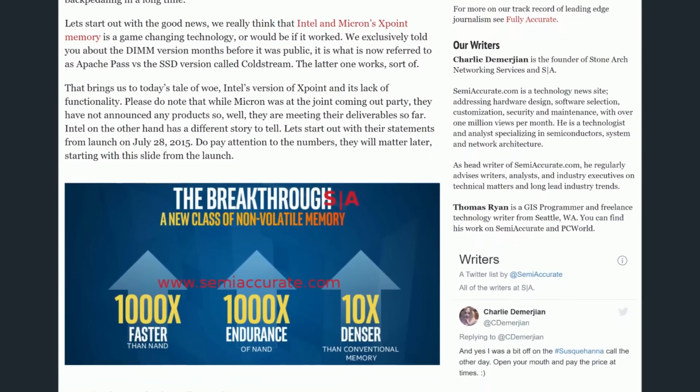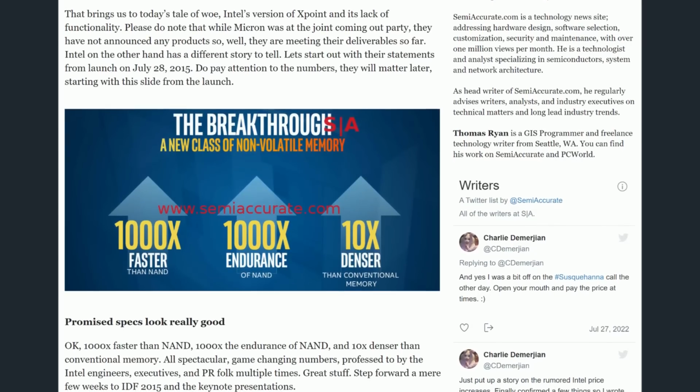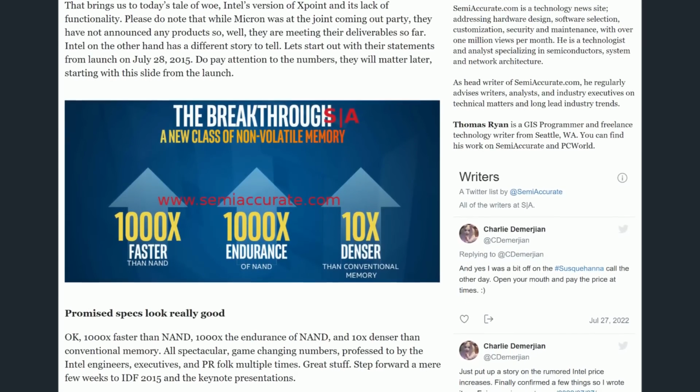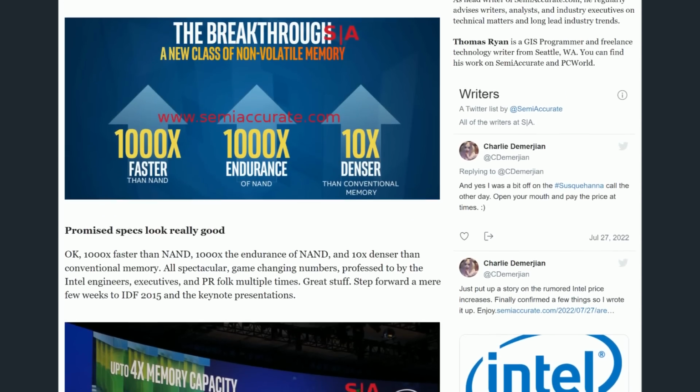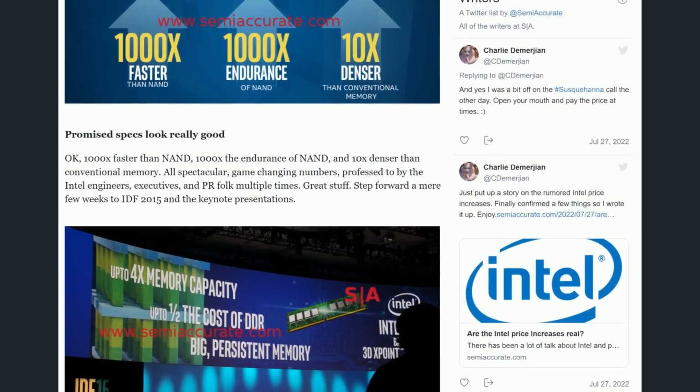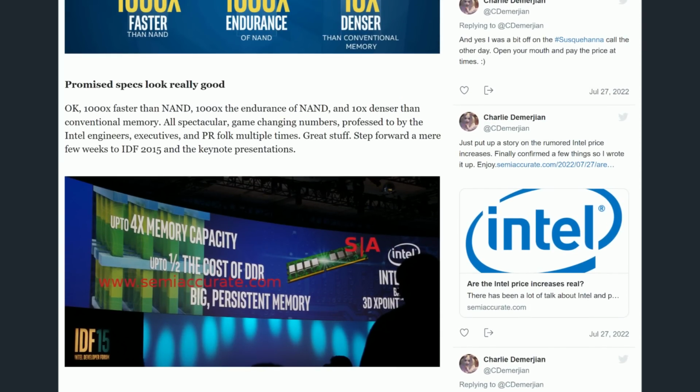And in those early days, Intel made some big claims. Charlie from Semi-Accurate actually had a good write-up at the time of this. They were advertising that Optane would be 1,000x faster than NAND, 1,000x endurance than NAND, 10x denser than a conventional DRAM memory. So you could essentially have something, again, somewhere between normal DRAM and SSDs, but that was persistent memory, and you could have a system with what looked like 6 terabytes of DRAM, though it was also persistent, that you could address on a bit level.